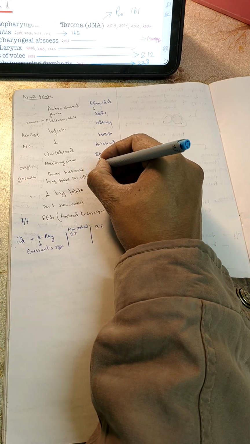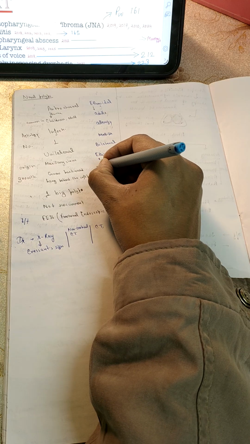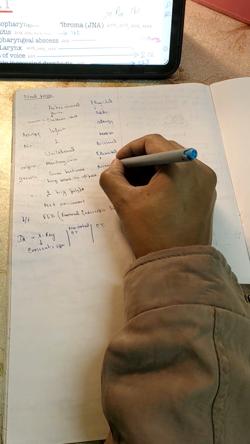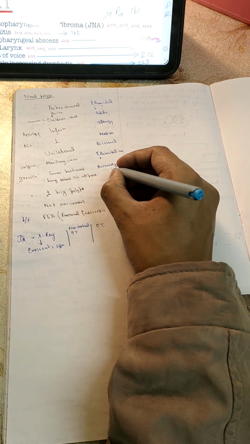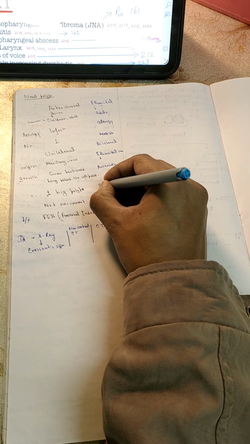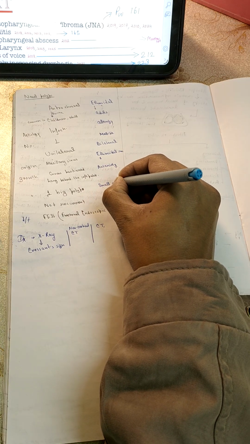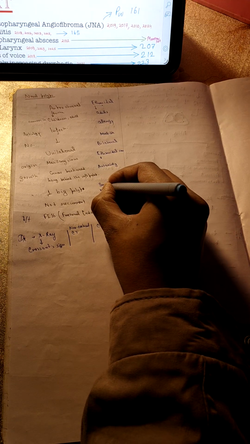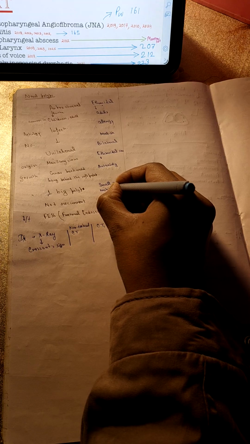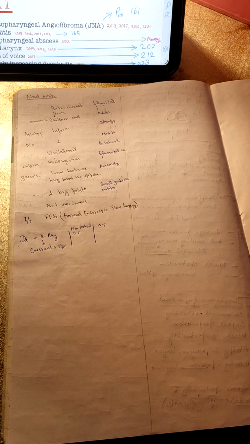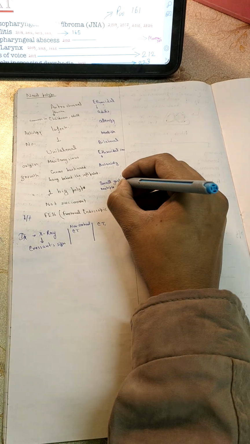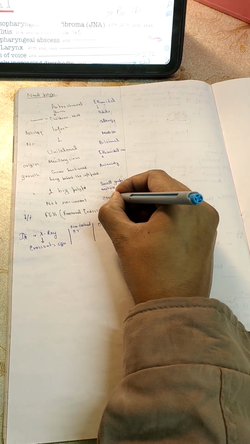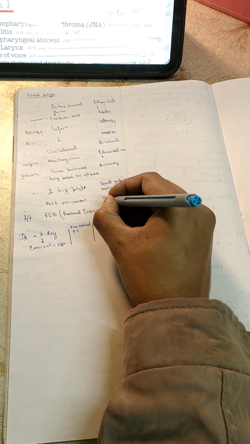It goes backward and anteriorly. Here one big mass, here small grape like masses. Multiple. Recurrence here is commonly recurrent.